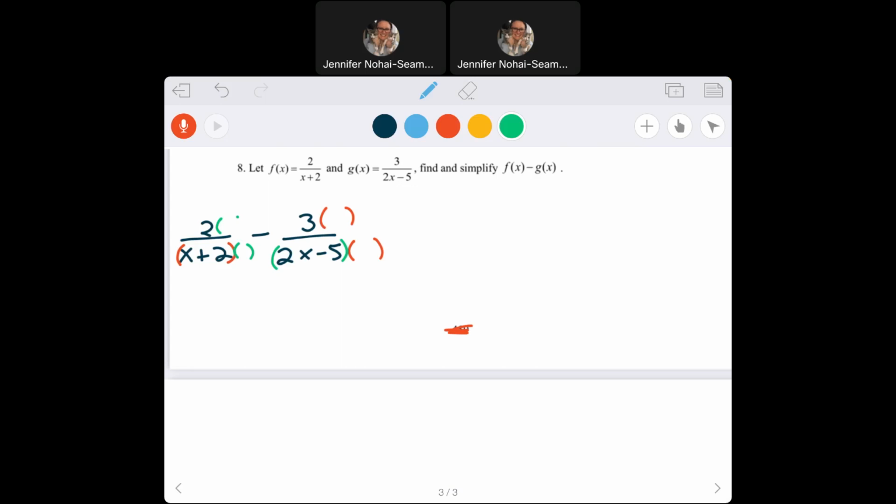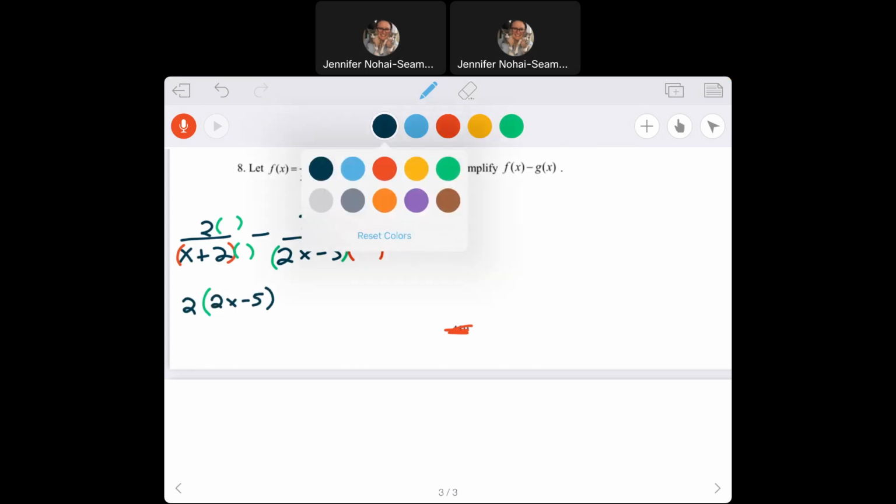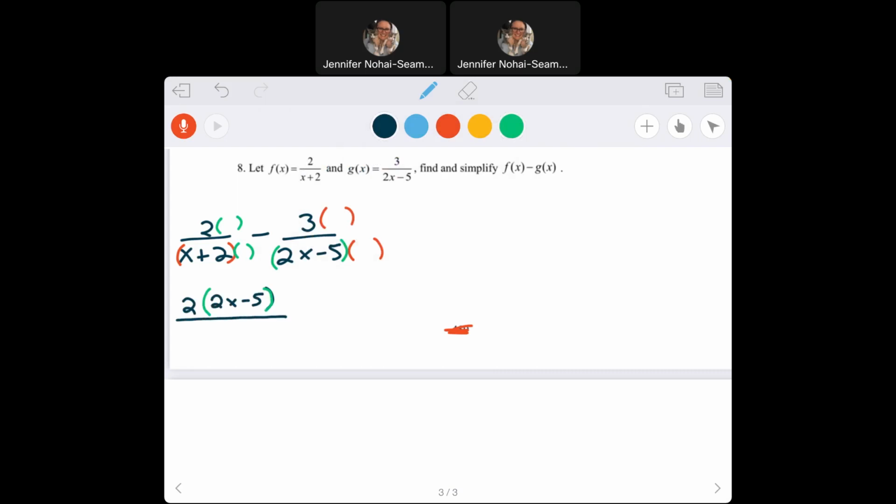I think the color coding helps, if you can see that. So we have 2, and then in parentheses, 2x minus 5, and then in the denominator, I have the x plus 2, which we decided to put in red parentheses.